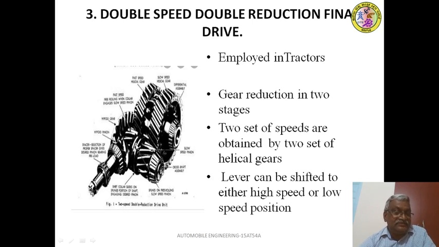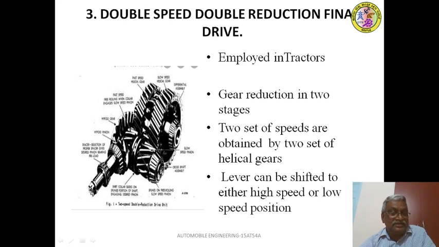Suppose this is the low gear position. If the shifting fork is shifted to the left side, then the gear lever is in low speed position, and if the shifting fork is shifted to the right side, then the gear lever is in high speed position.